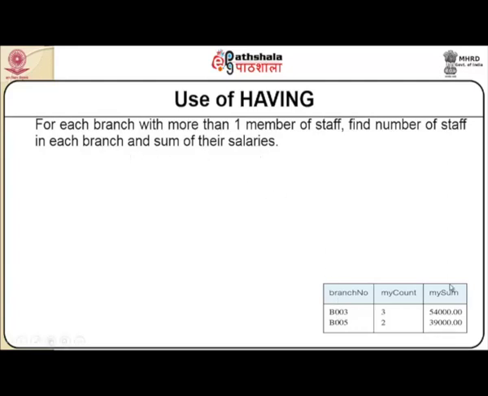So we are trying to refine the previous query where branch number has been indicated, B003, B005. In the previous result we had B007, but the total count of staff in that particular branch was only 1. So now we have eliminated that.